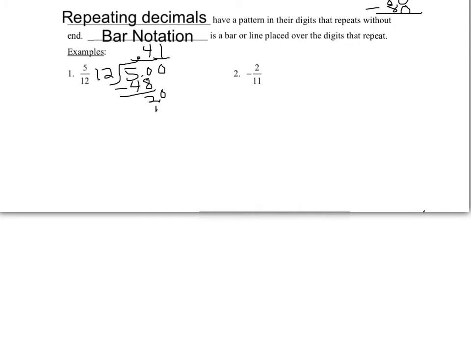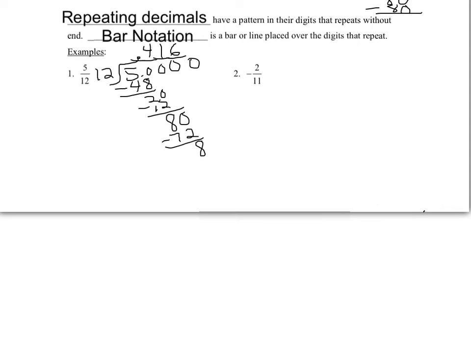12 will go into 20 once. 1 times 12 is 12. We subtract, we get 8. So I'd add another 0 and bring it down. Now 12 will go into 80 6 times. 6 times 2 is 12. Carry the 1. 6 times 1 is 6, plus 1 is 7. So I get 72. Now you notice my remainder again is 8.